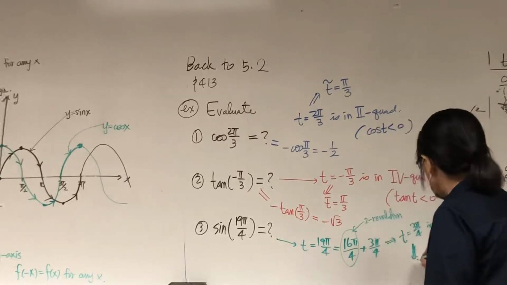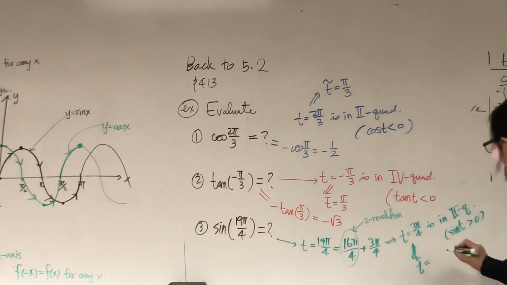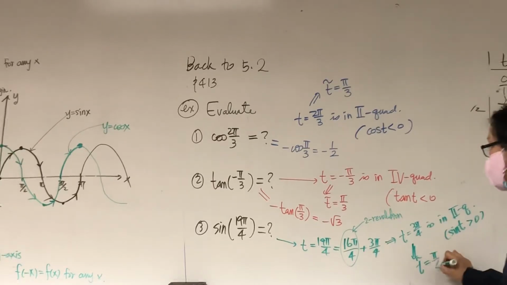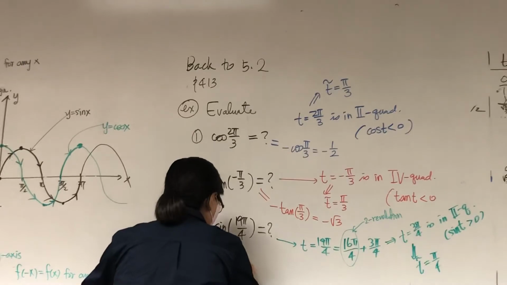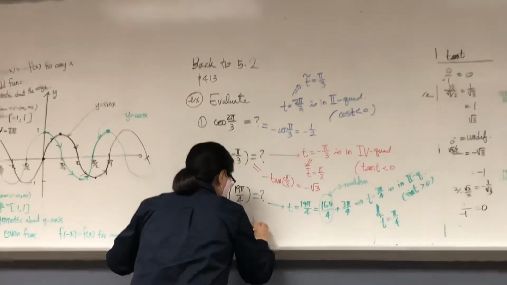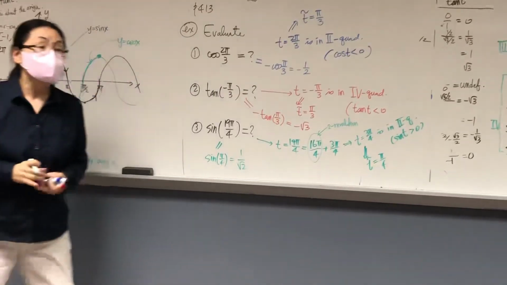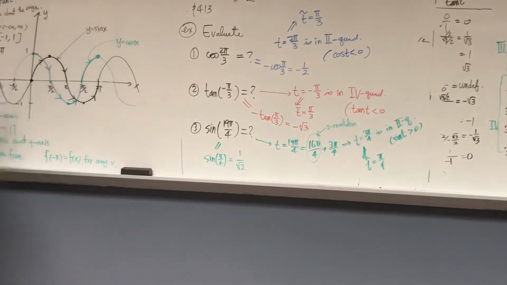Do you need a reference number? Yes. What is it? Pi over 4. Good. Am I right? Do you understand? Okay.